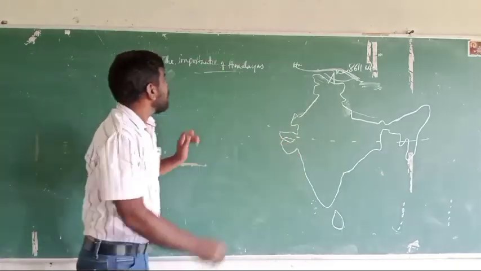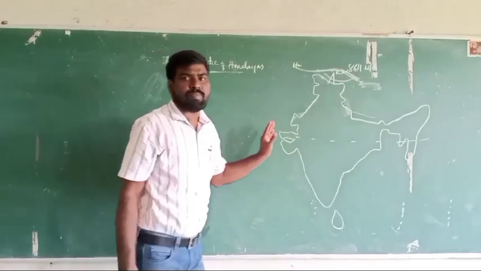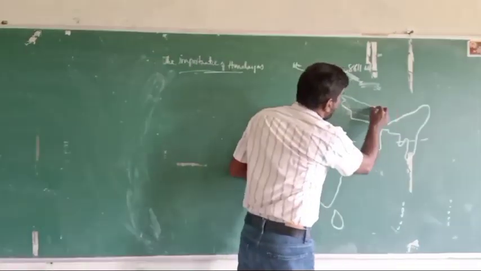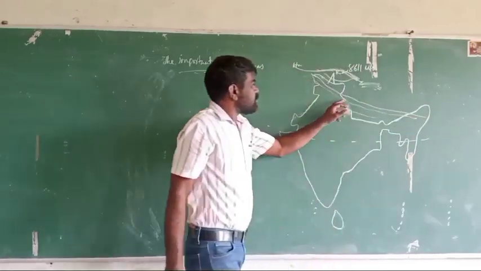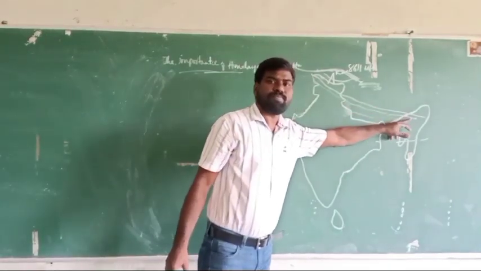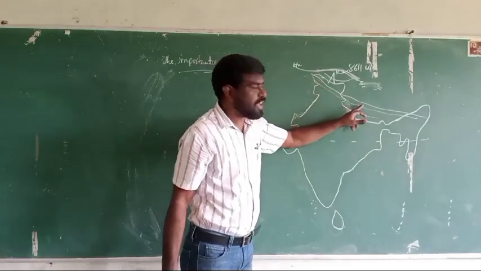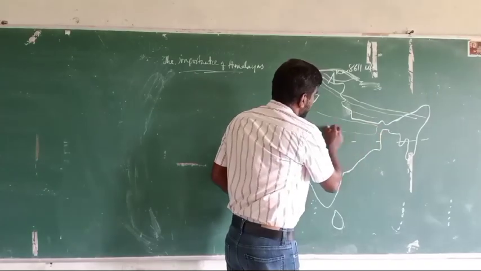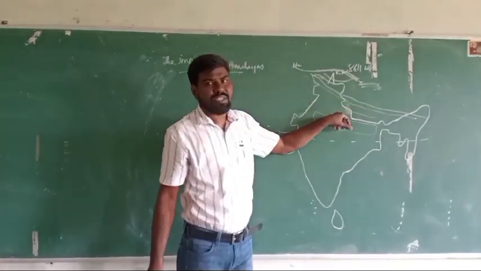And let us discuss the importance of the Himalayas. The Himalayas are the youngest folded mountain ranges in the world. They are the northern frontiers of our country. They act as a natural barrier, protecting the Great Plains from the cold winds coming from Central Asia.